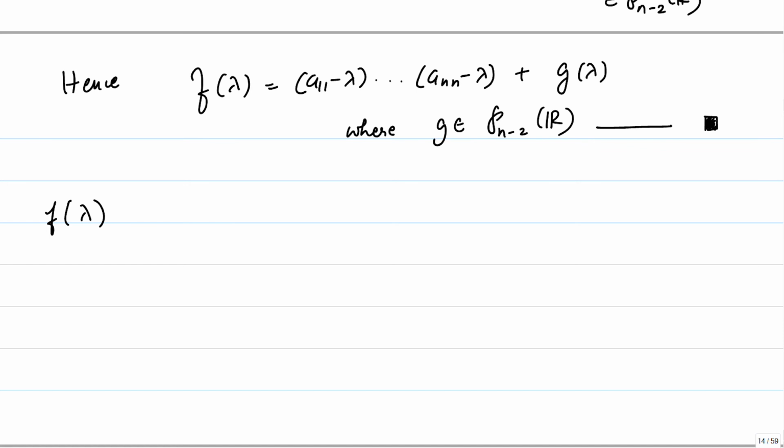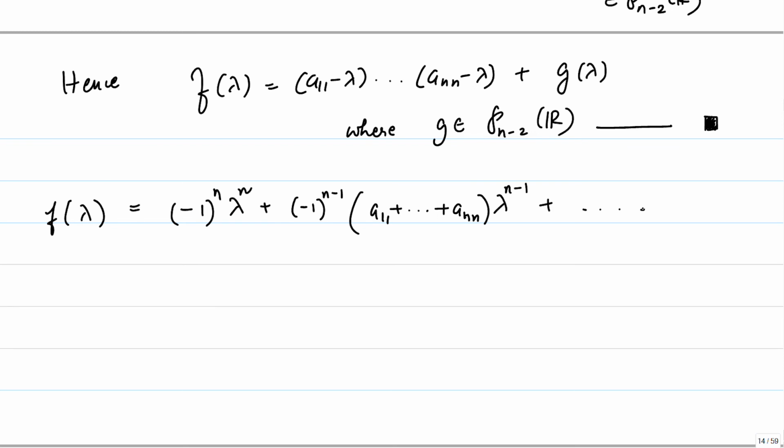If you expand out a11 minus lambda up to ann minus lambda, this is just going to be equal to minus 1 to the power n times lambda to the power n, plus minus 1 to the power n minus 1 times a11 plus up to ann times lambda to the power n minus 1, plus a degree n minus 2 polynomial. What is a11 plus a22 up to ann? This is nothing but the trace of the matrix A.